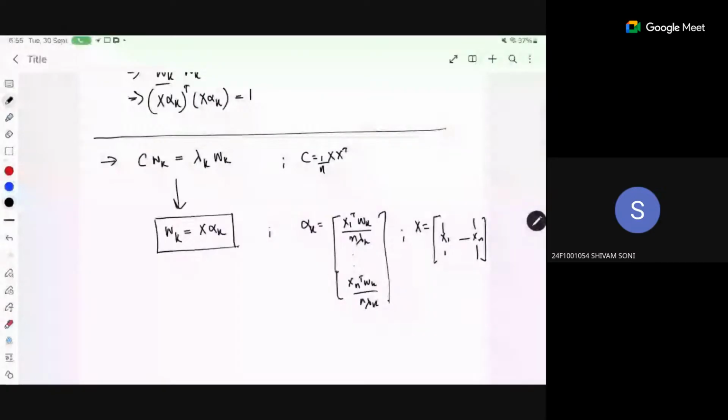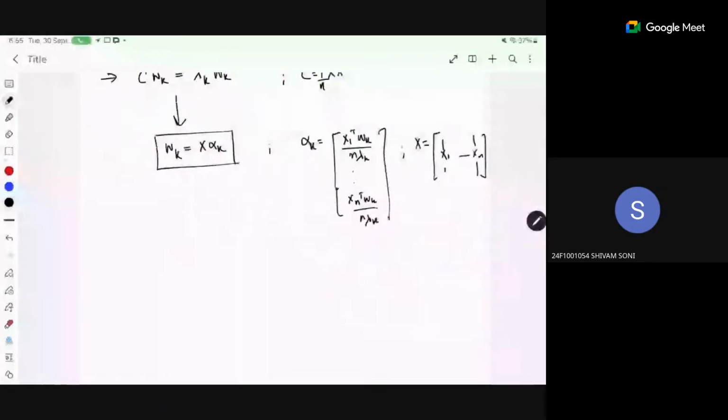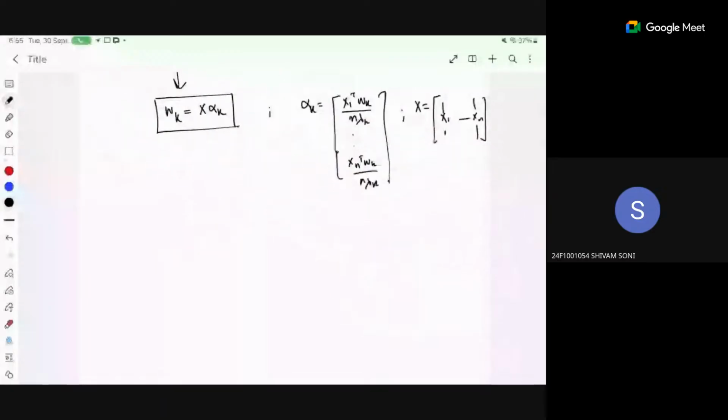All right. Then once we have that, we need to figure out some conditions on alpha K that should hold. There are two conditions that we came up with.